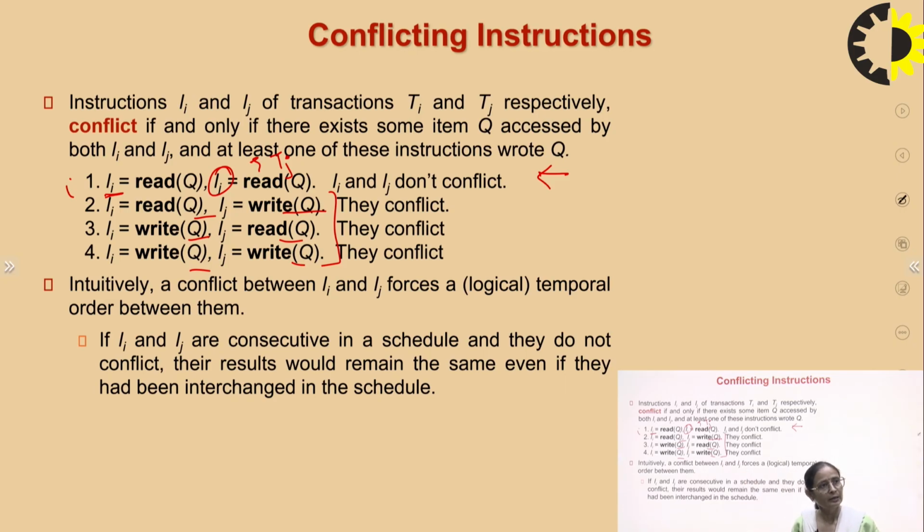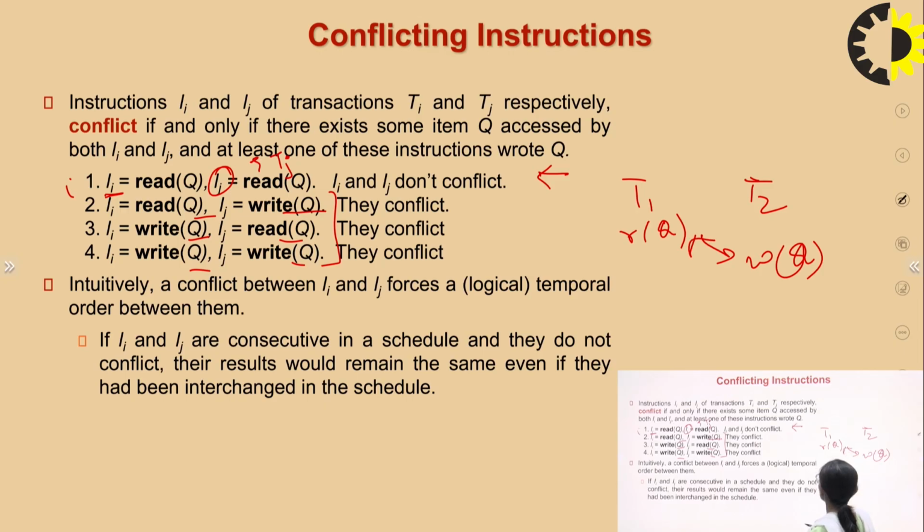Suppose your transaction T1 is reading a certain item, and T2 comes and wants to write on this data item. In that case it will conflict. Or T1 is writing and T2 also wants to write, then again these are conflicting instructions. So a conflict between Ii and Ij forces a temporal order between them.